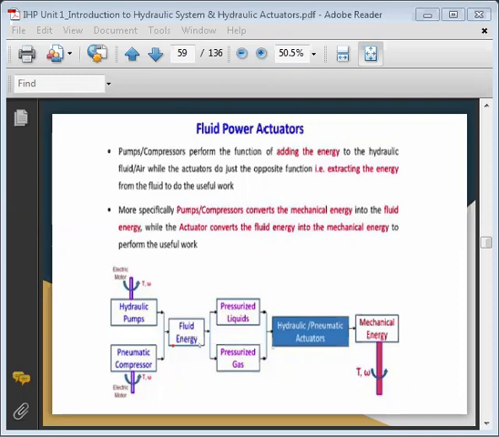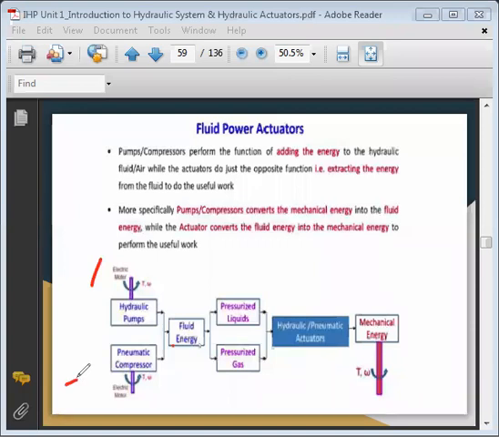With the help of the actuator. And here I'm showing you a simple block diagram. You will see the hydraulic pump and the pneumatic compressor. This is a hydraulic pump, this is a pneumatic compressor.